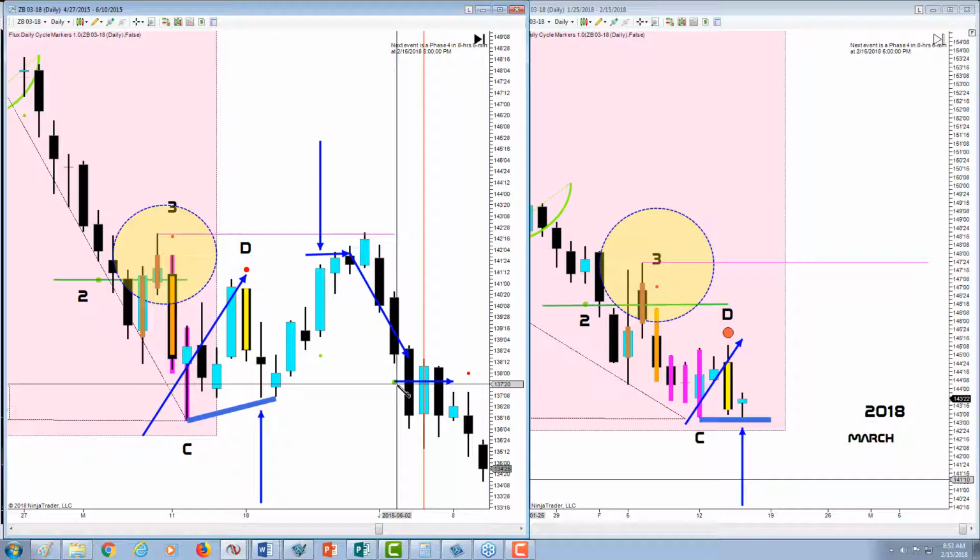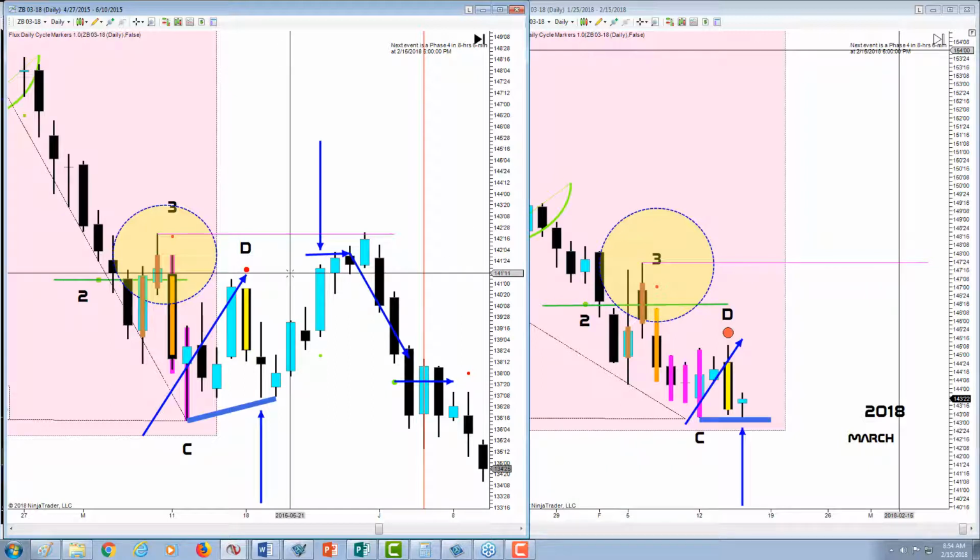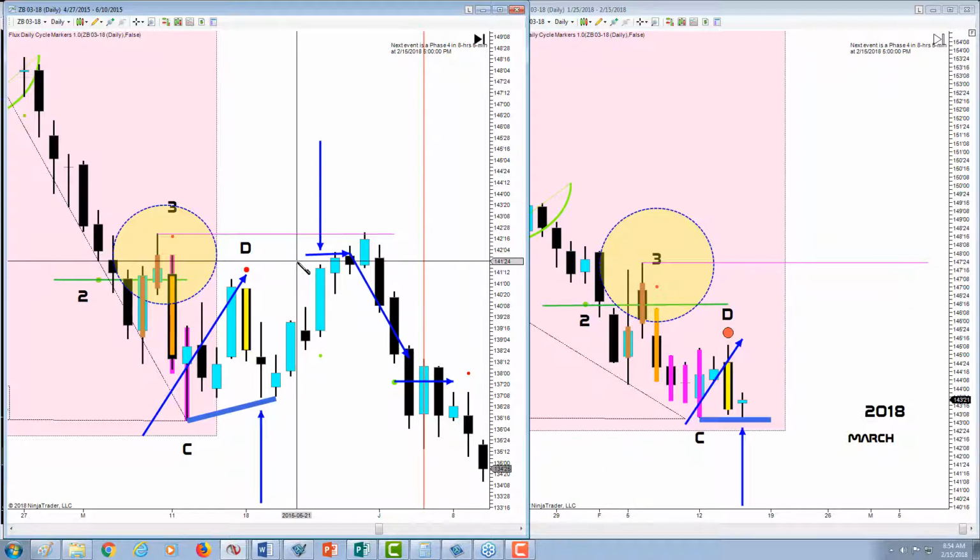Now I have the dates for those already in my version of the software, but if you have it, you have to wait for the next signal here. So after today, the date and time for the next phase 1 is going to appear. It's going to populate on your chart. The next phase 1 is an exhaustion zone. Okay.